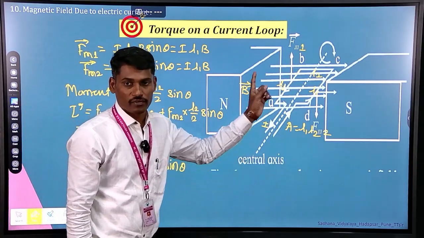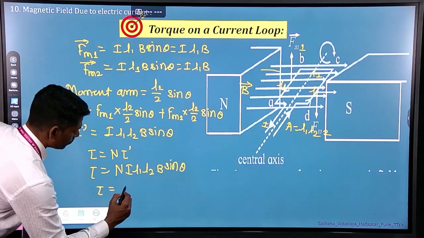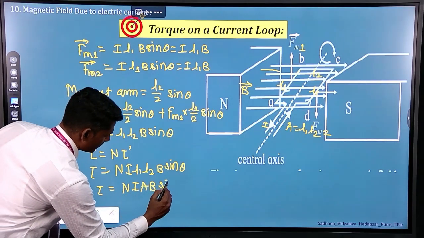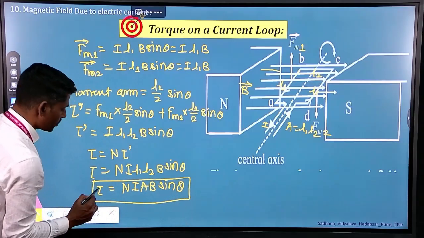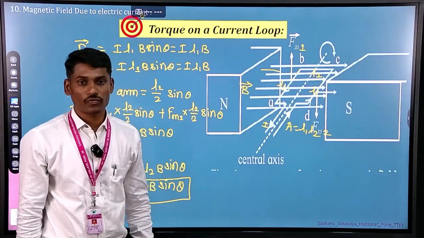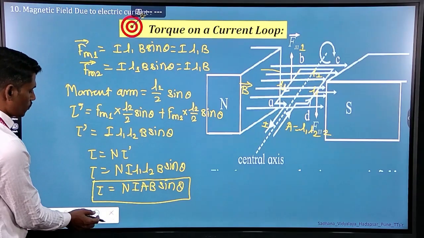It is the area of this current carrying loop. Here we get torque tau is equal to n I A B sin theta, right. This is the torque exerted on a current loop in a uniform magnetic field, right. Now next point.